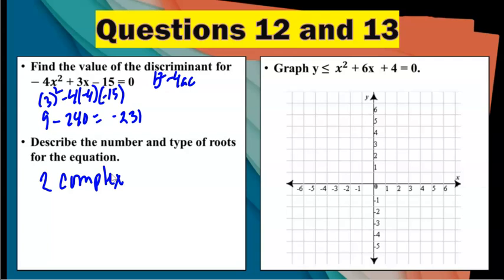Question 13, we need to graph this quadratic here. So to do this, we're going to find our axis of symmetry. So we take the opposite of our b, so negative 6 divided by 2a, which will give us a negative 3. So I put my axis of symmetry through here.